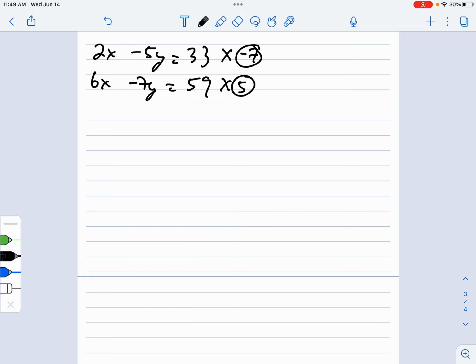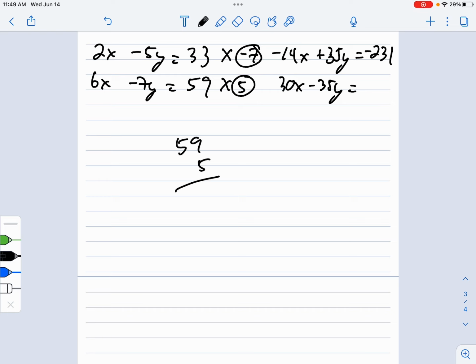So you get minus 14x plus 35y equals 33 times -7. 3 times 7 is 21, so that's -231. And the bottom equation by 5: 30x minus 35y equals 59 times 5, which is 295.